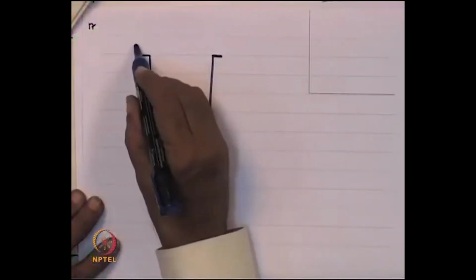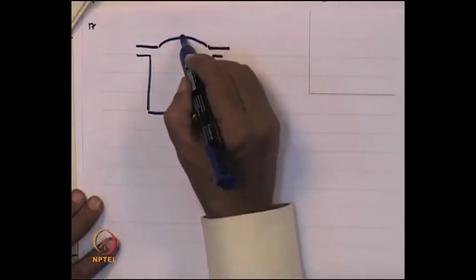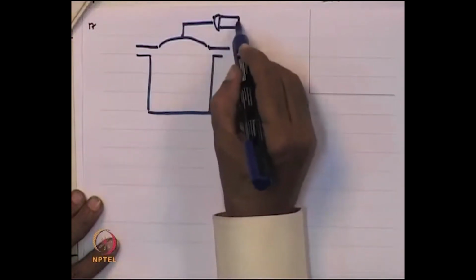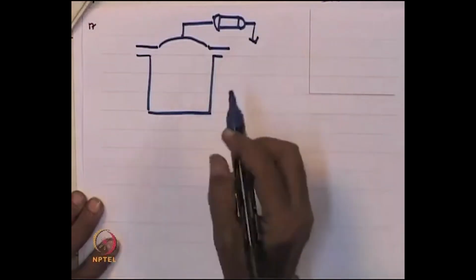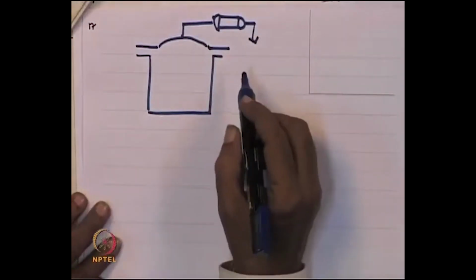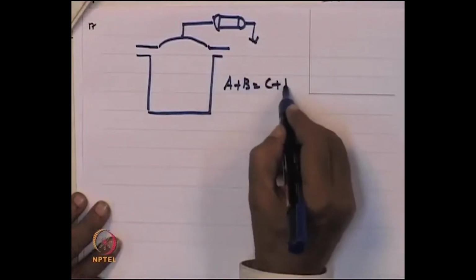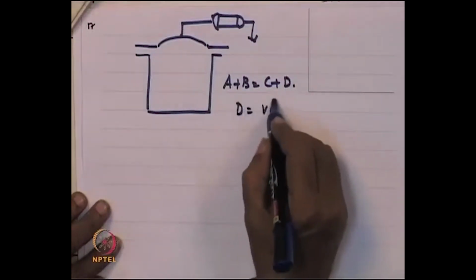The third exercise we want to look at is the following. You have a chemical reactor. The output goes to a condenser, and the reaction taking place is A plus B going to C plus D. D is volatile.